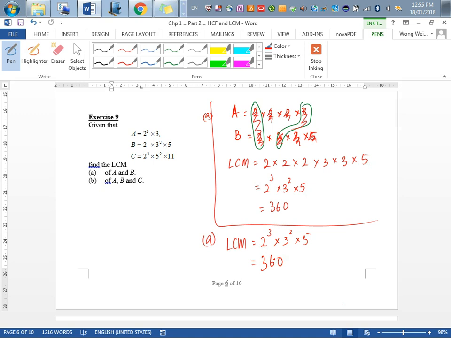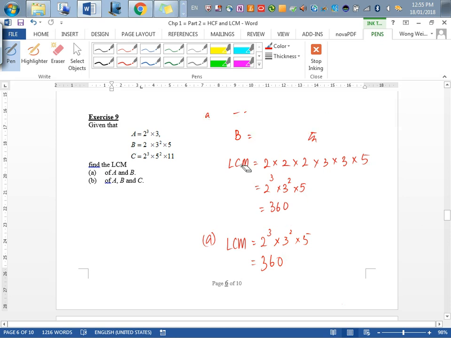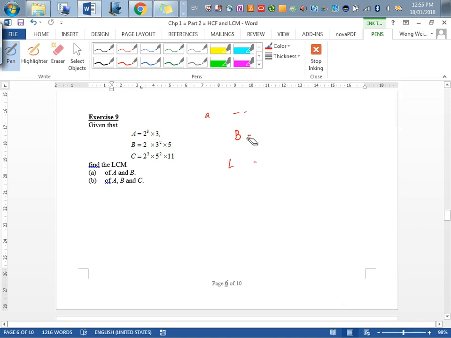Okay? Now, finally, for part B, the LCM of A, B, and C. So, LCM, let me do it the shortcut, the fast way. Look at all the 2's. Which one has the highest power? 2 cubed.